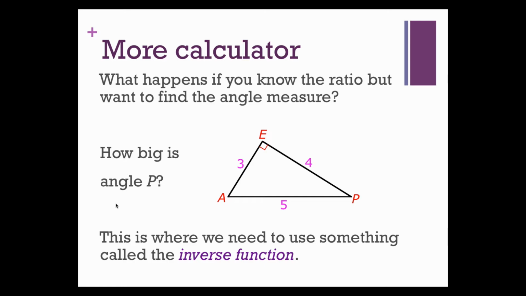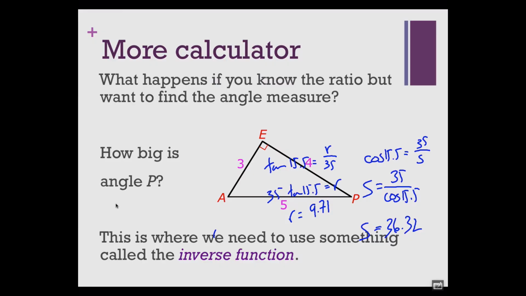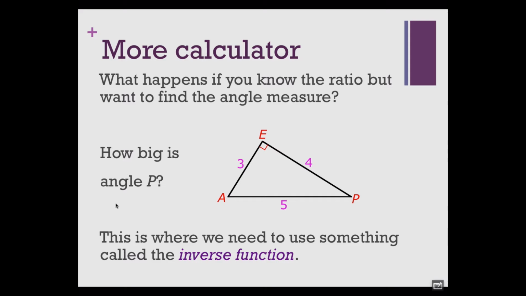So I'm going to find angle P. I want to actually know how big angle P is. Is it 30 degrees, or it's not 30, but is it 27, is it 55, whatever? There's a mess there. So I'm going to set it up as if I were solving for one of the sides. Okay? Brian, what function do you want to use? There's no wrong answer. Sine, cosine, or tangent, which one flips your trigger? Sine.